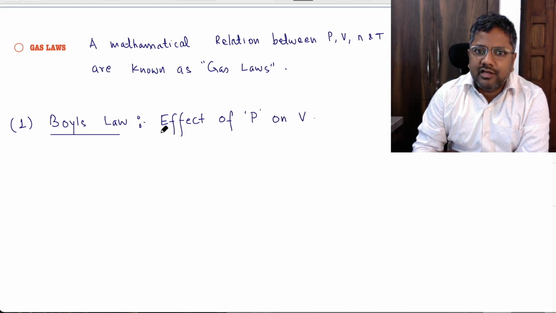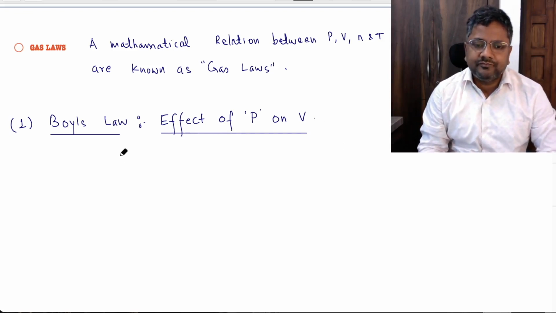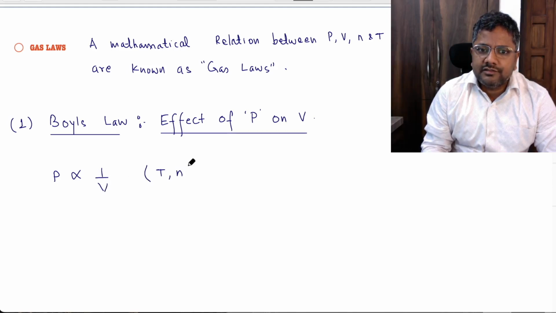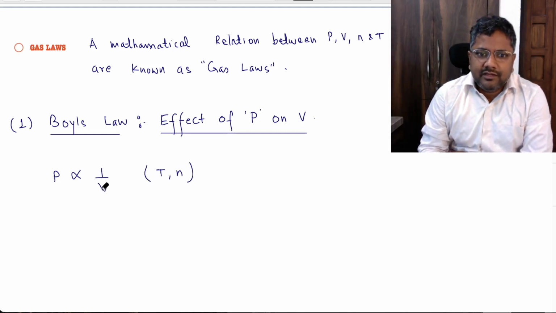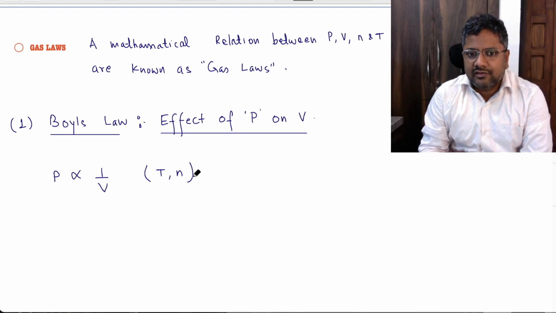So basically Boyle's law tells about the effect of pressure on volume. Okay, so P is inversely proportional to V if T and N are constant. Means P and V are inversely proportional if T and N are constant.